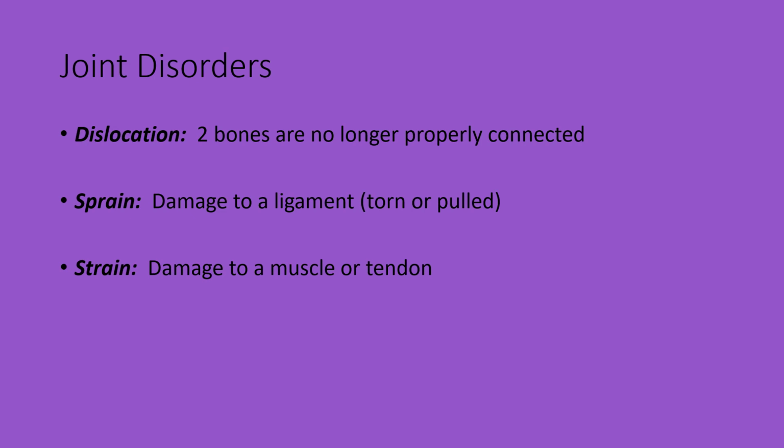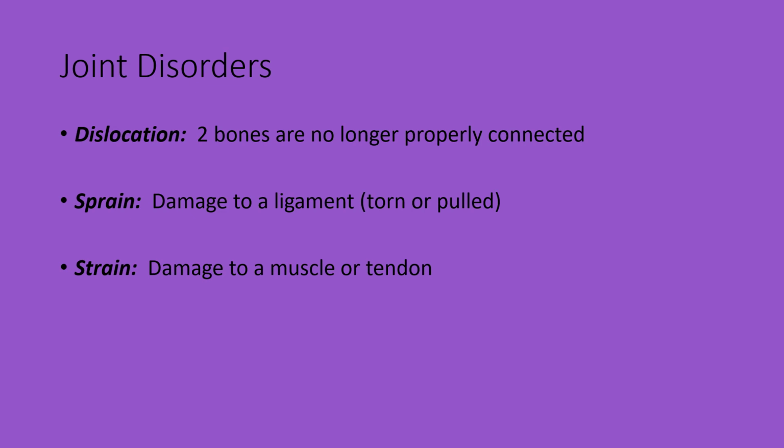You need to get them back into that proper orientation relative to each other in order to have the proper movement. And usually that's going to be painful. If you've dislocated a joint, you've got to get it back in the proper orientation. And there's a lot of nerves in joints, so that is going to hurt.